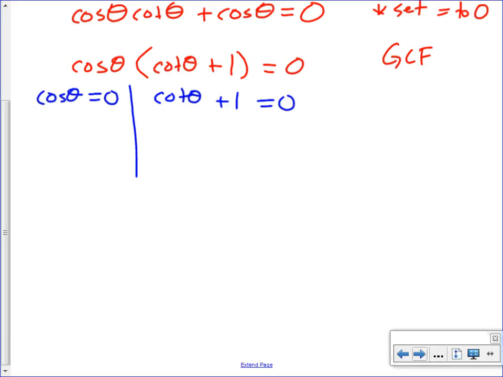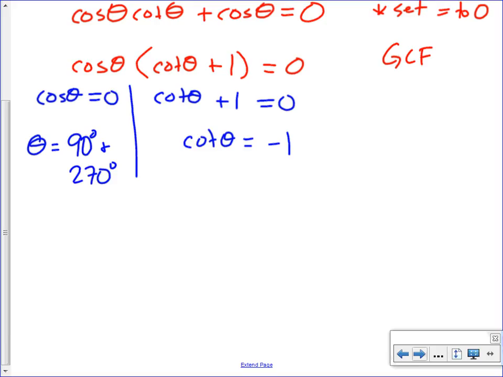Okay. Cosine is 0 where? 90 and 270. So we're at 90 and 270 for the first one. For the second one, we have to solve for cotangent. So cotangent is equal to -1. Where is cotangent negative?